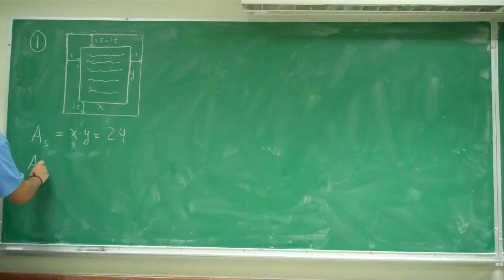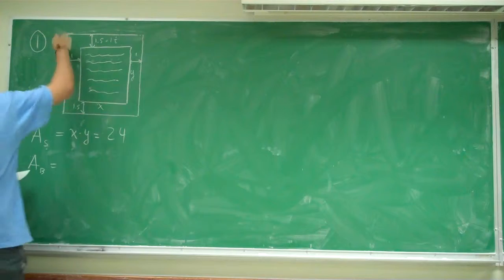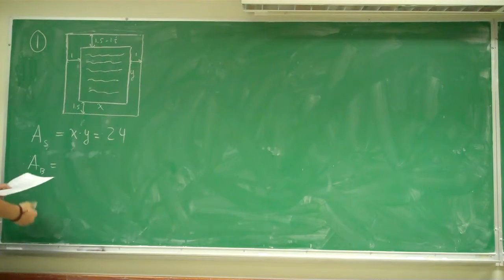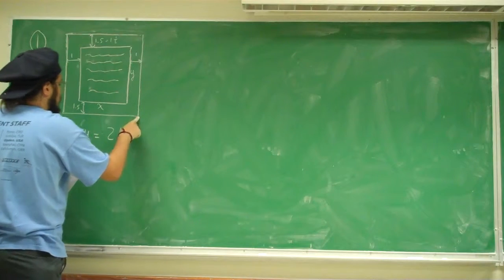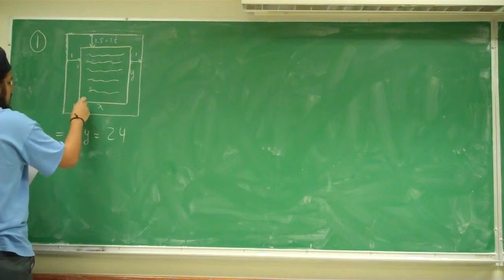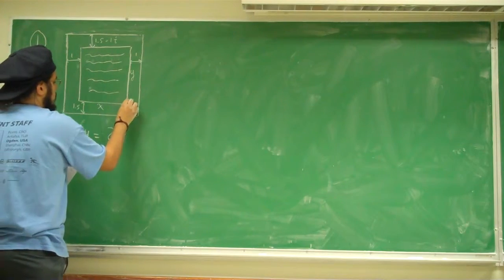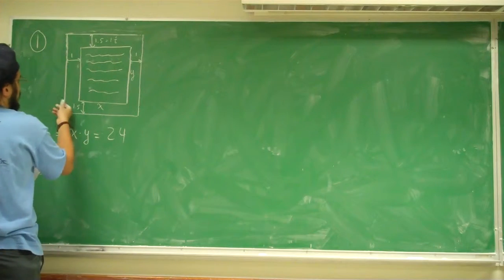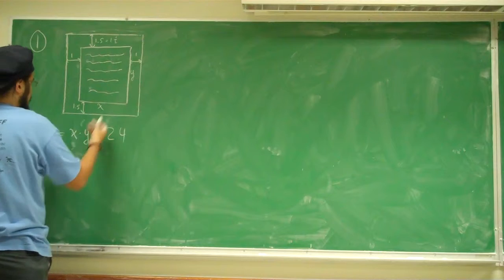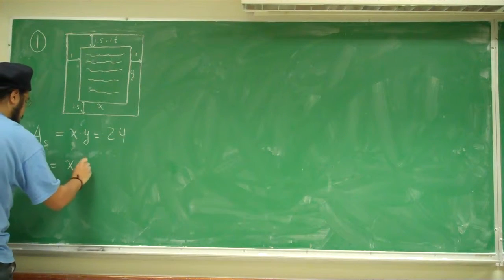Now we have area of big, so that's the big one. We want to find the width, which is this x plus this piece and this piece. But each of these pieces is 1, so 1 plus 1 is 2, so that's x plus 2.